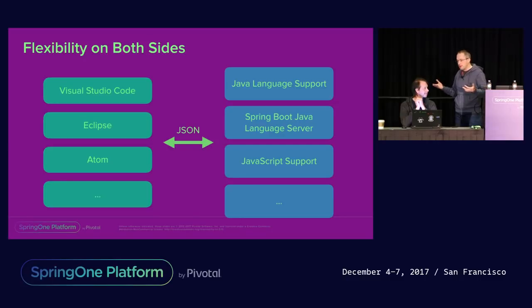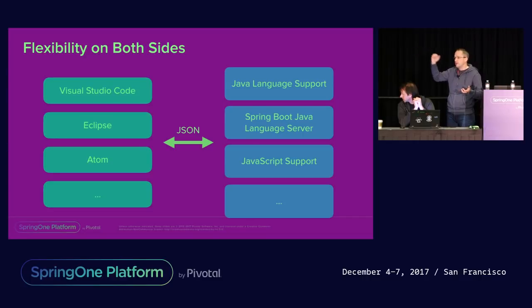Otherwise, you get Spring tooling for free. And that's what's happening for the other languages too, like the Java tooling. Java tooling for VS Code that's extracted out of Eclipse runs as a language server. You get that for Atom, you get that for VS Code, and more or less for all the other guys implementing the language server protocol, and vice versa. So you have Eclipse, and Eclipse supports the language server protocol, and suddenly you can use all the language servers that are available and use them in Eclipse.